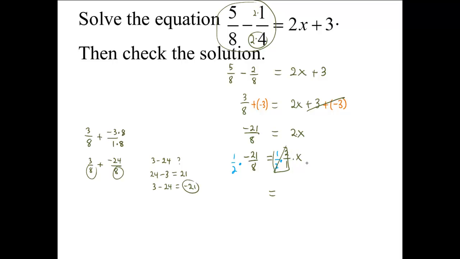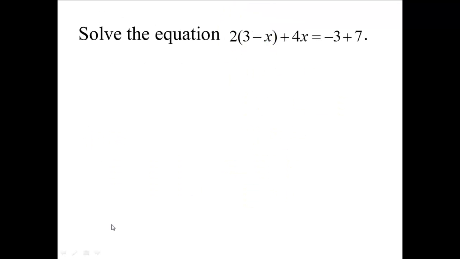So I have 1 times x, or more simply x, equals, and on the left side we have multiplying through the numerators. 1 times -21 is -21. Multiplying through the denominators, 2 times 8 is 16. And that is our solution. x equals -21/16.